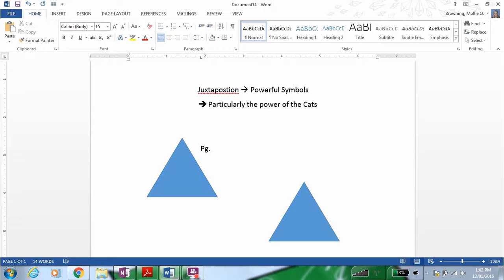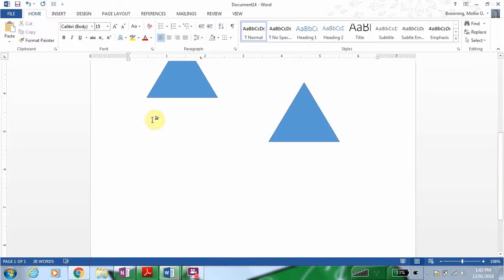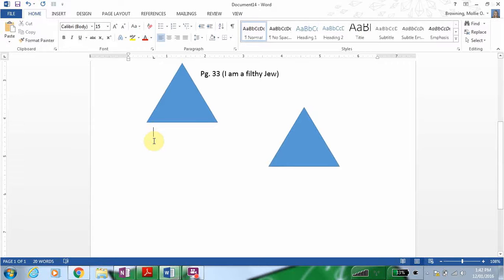That'd be very embarrassing. So I'm going to say on page 33, because there's the I am a filthy Jew sign, and it's juxtaposed with the Nazi symbol. So that's a little note that I'm going to make to myself down here. And then I'm going to go find another piece of proof where there's the juxtaposition of symbols, and it shows how powerful symbols are.